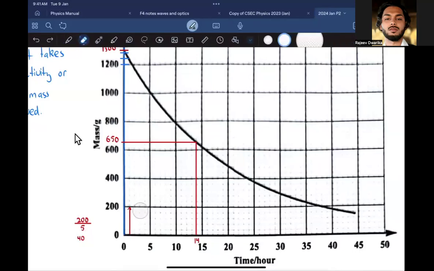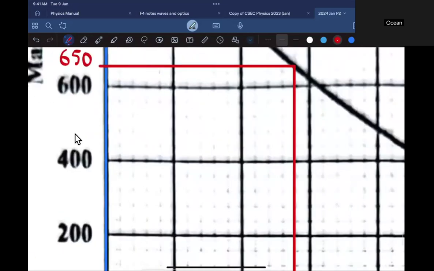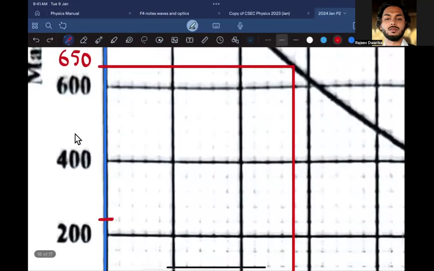Ocean, I'm going to call on you to help with the second half-life, and Vade, you will help with the last half-life. So Ocean, how am I going to find my next half-life? Half of 650 would be 325. So it's going to be 240, 280, 320, and so 325 will be somewhere here.